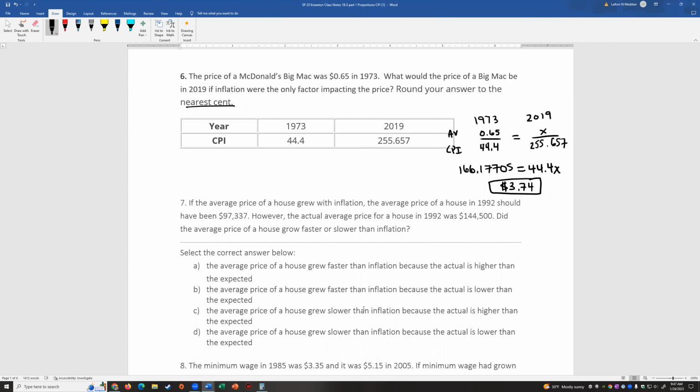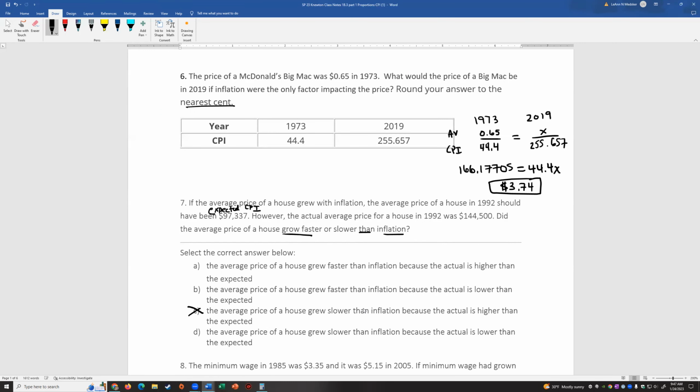Did the average price of the house grow faster or slower than the inflation? Well, if this is the expected based on the CPI, and this is what we actually see, we are higher than the inflation rate. So this one is growing. The average price of a house grew faster than inflation.